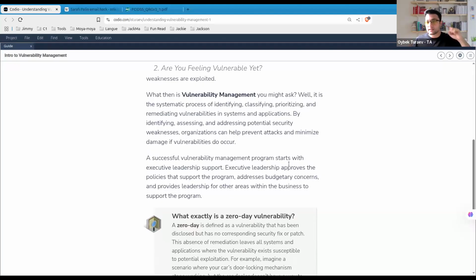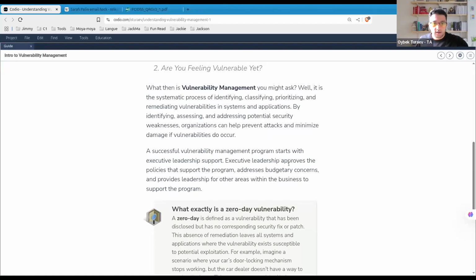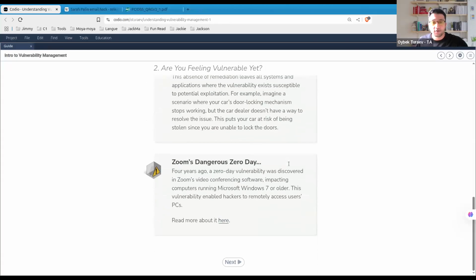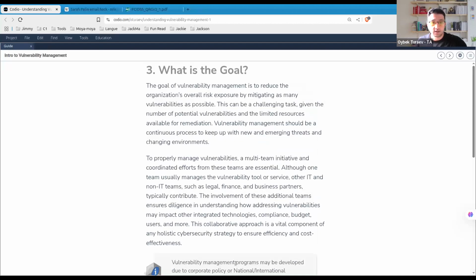At that moment you need to immediately think that vulnerability management is the one we care about. So that's the definition of zero-day vulnerability, and there is also interesting information about Zoom's dangerous zero-day. You can take a look at this.